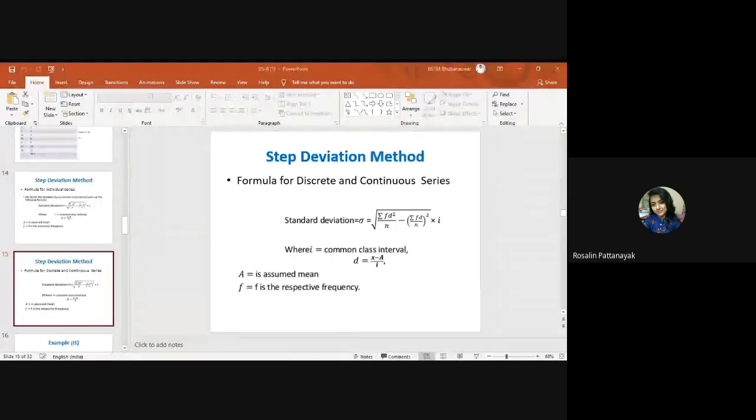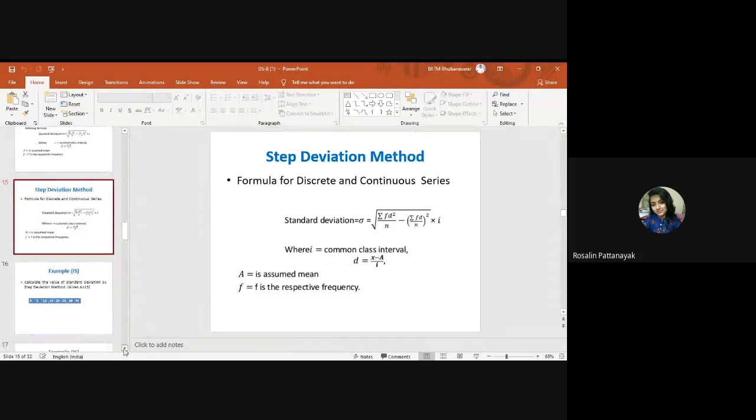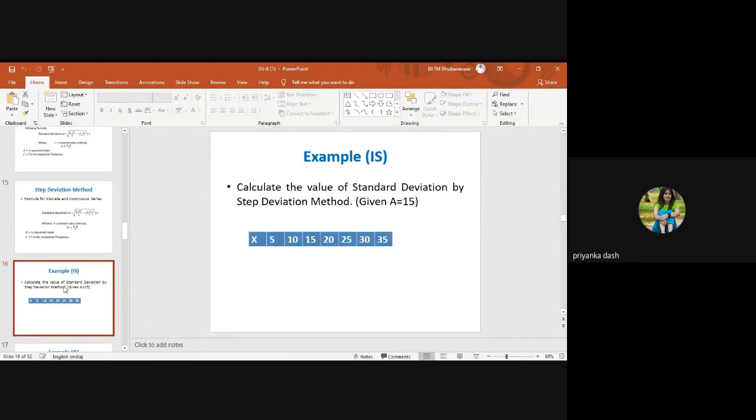So let's move to a particular example. If you finish, shall I move to the next one? Yes, sir. Okay. Calculate the standard deviation by step deviation method. Here, mean is given, 15.